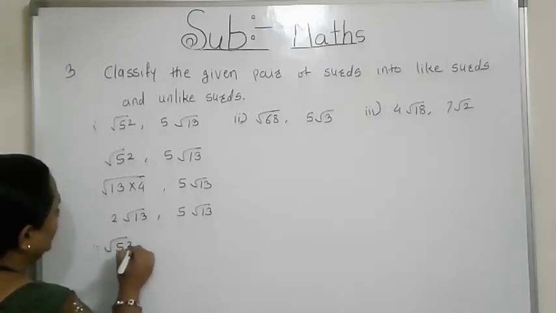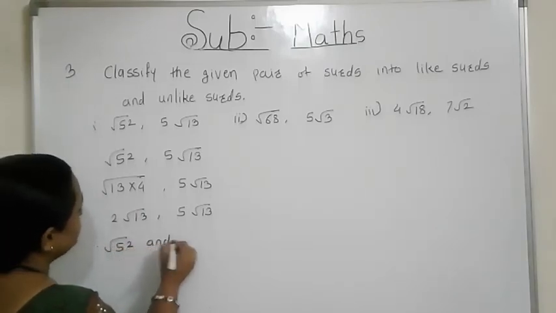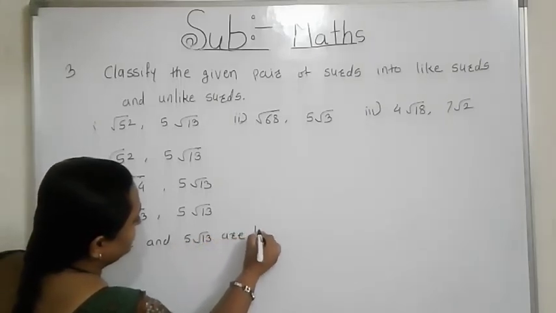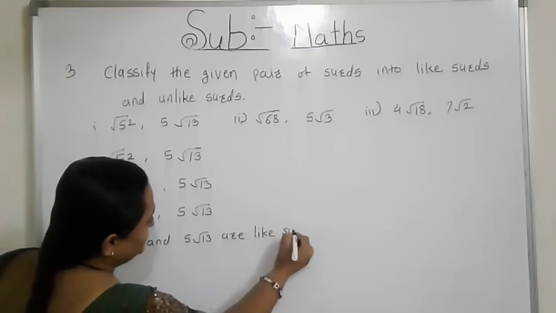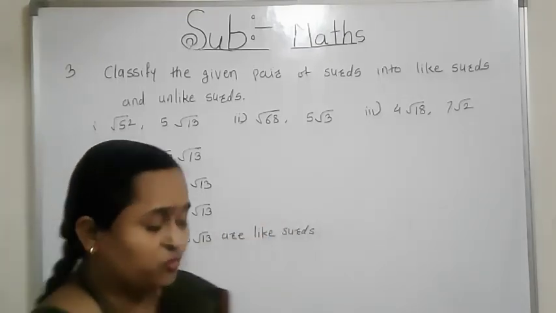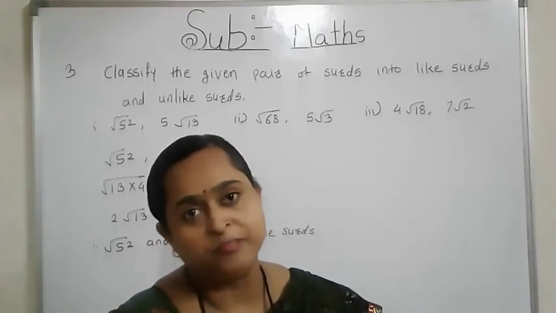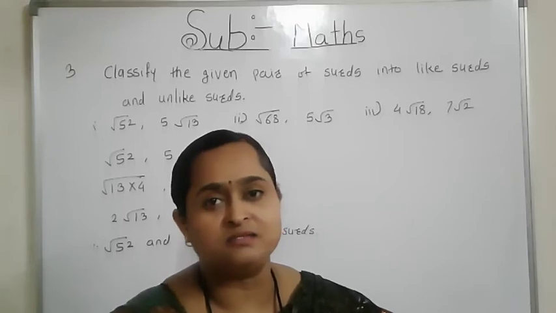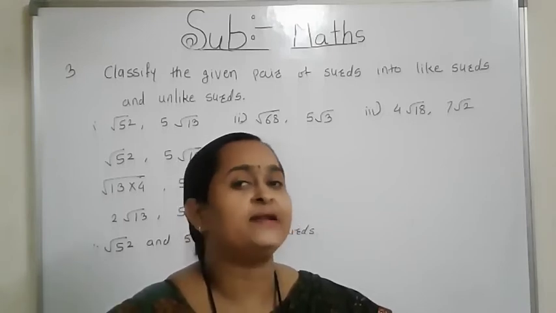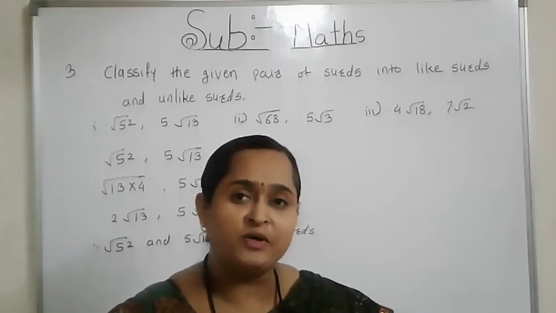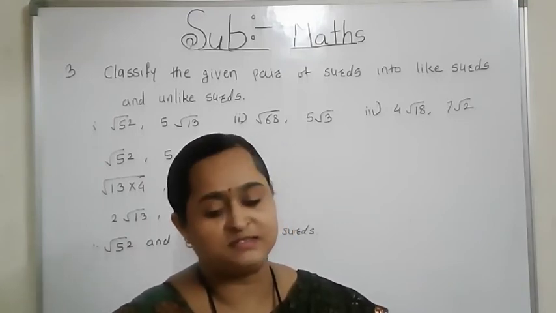Therefore root 52 and 5 root 13 are like surds. Then how can you identify? First you have to take the simplest form of the surd. Then after that you have to see order and then radicands. Order should be same and radicands should be same. Then the given pair is like surds.